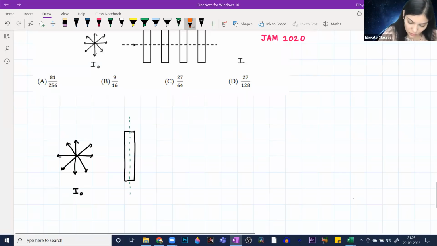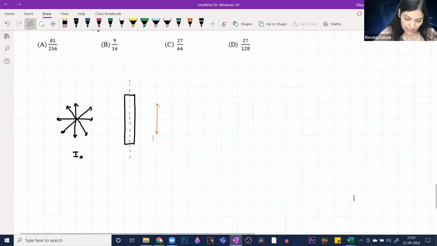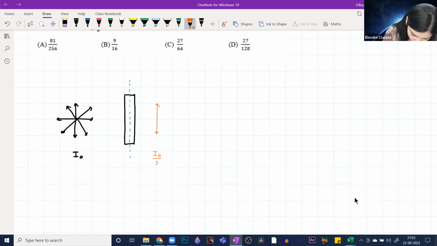So then जो भी output है, I'm drawing it in orange, and जो भी axis है polarizer का, that I'm drawing in green. ठीक है, just a notation to remember. So now I will get here this light output में. ठीक है, and the intensity I'll get is I0 by 2. This is the intensity I'll get.